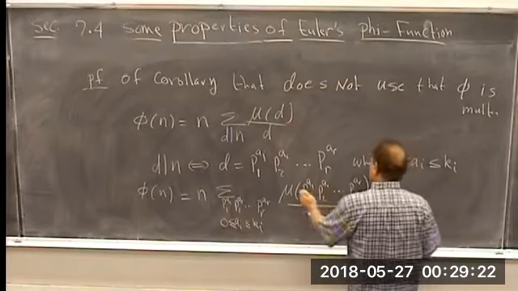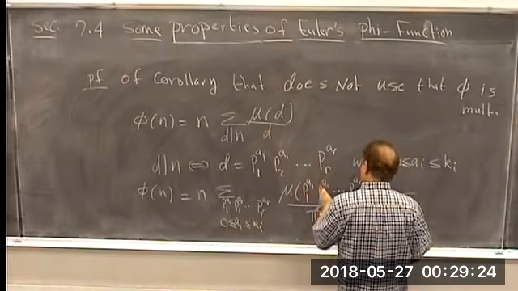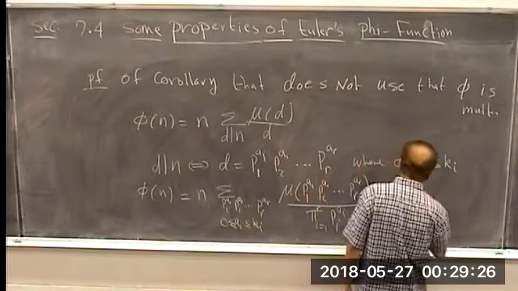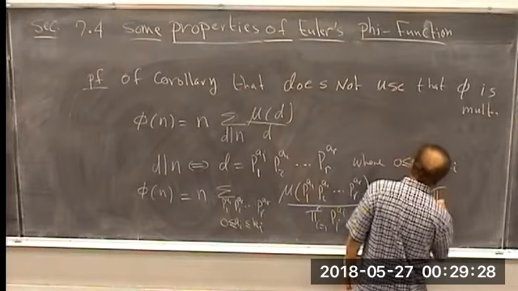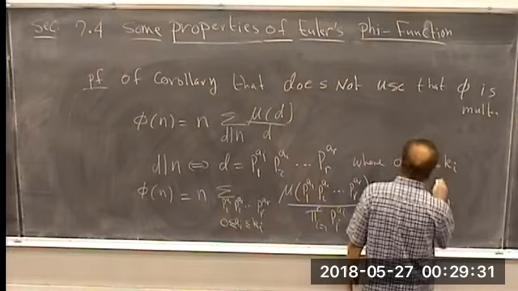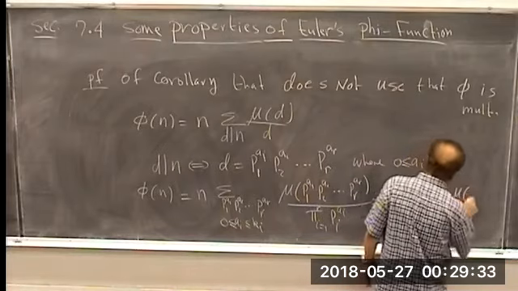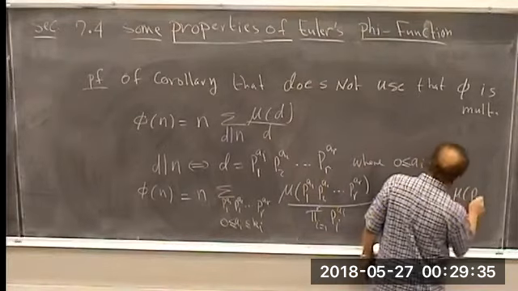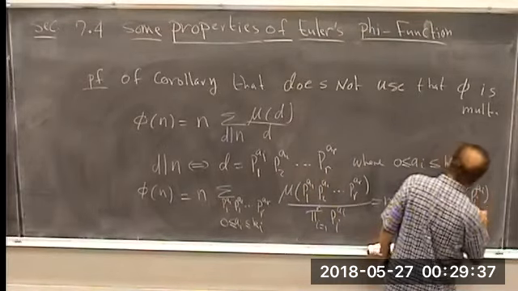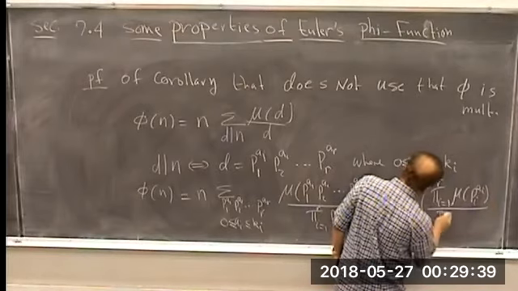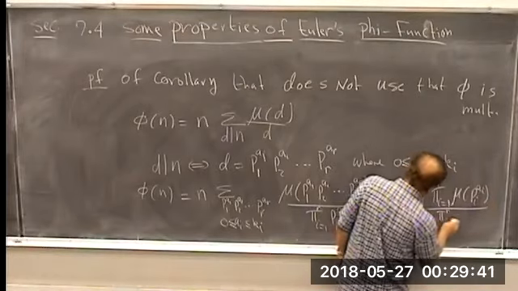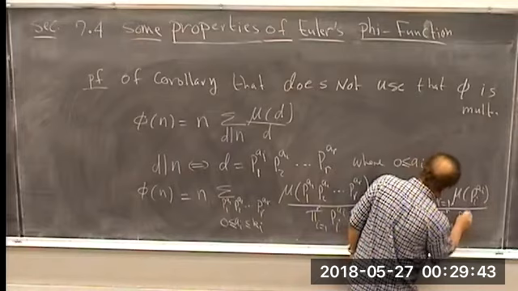And this one, I can take mu of p1 to the a1 and so on. So I could write this as a product, i equal 1 to r, of mu of p sub i to the a sub i over the same product, p sub i to the a sub i.